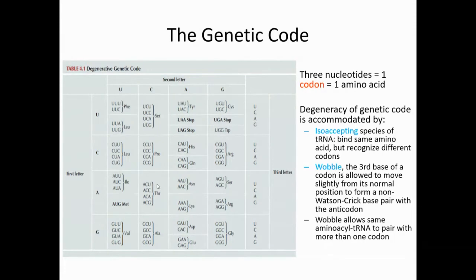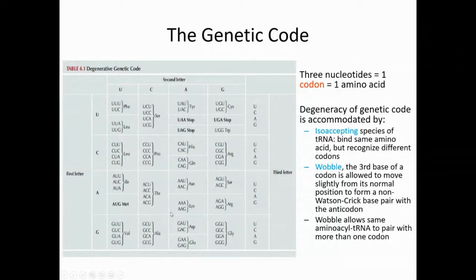Okay, that's the universal. Another feature of the genetic code is the wobble rule, the wobble effect. Basically, the wobble allows the third base of a codon to form a non-Watson-Crick base pair with the anticodon.